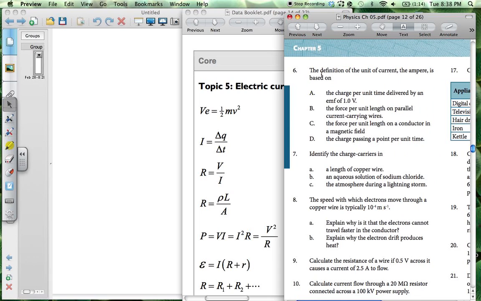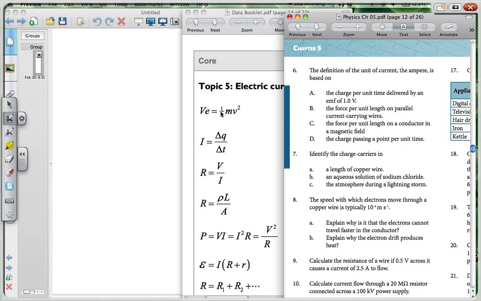The definition of the unit of current, the ampere, is actually based on the force per unit length on parallel current carrying wires.